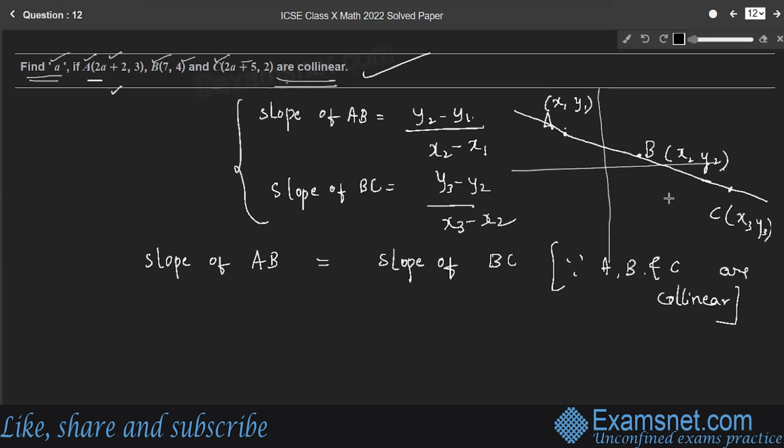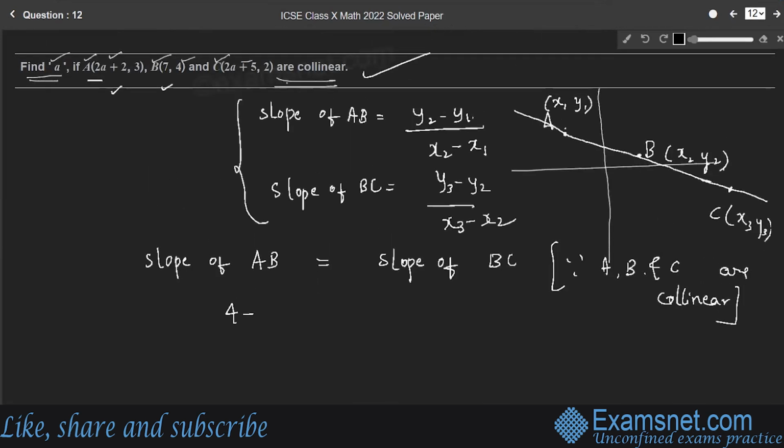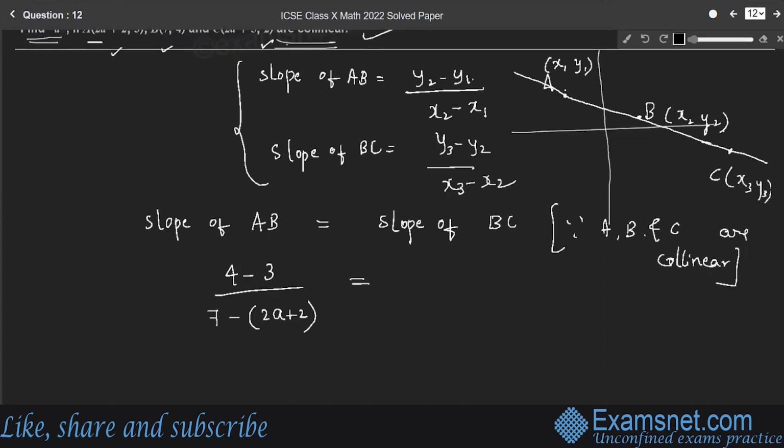Since the coordinates are given, here y2 is 4. So y2 is 4 minus y1, the y coordinate of A, which is 3, divided by x2 minus x1, 7 minus (2a plus 2), is equal to, considering the 2 points B and C, the slope of BC.